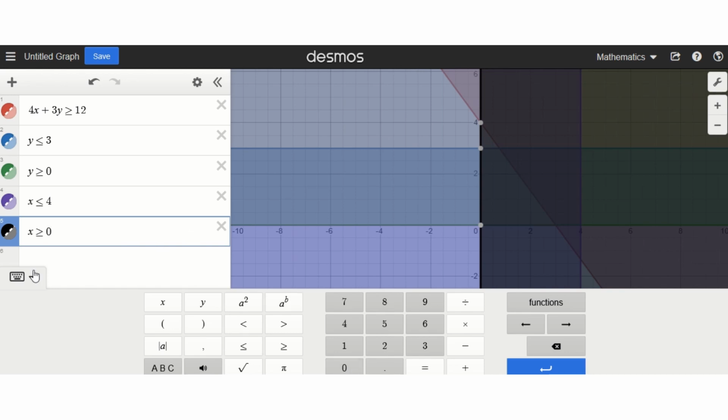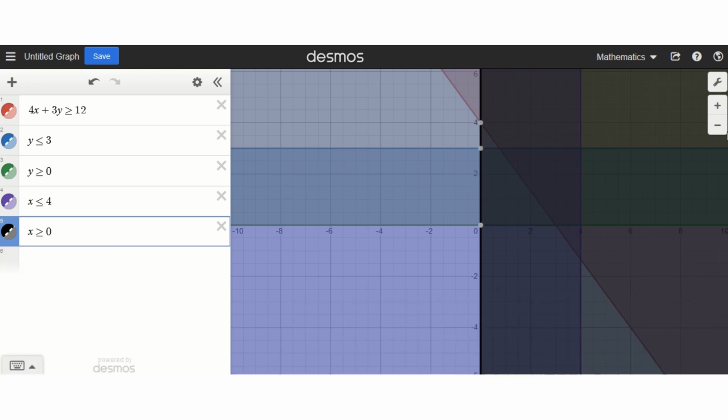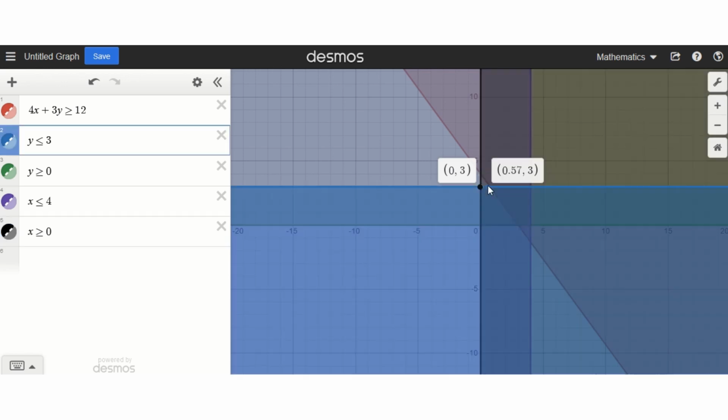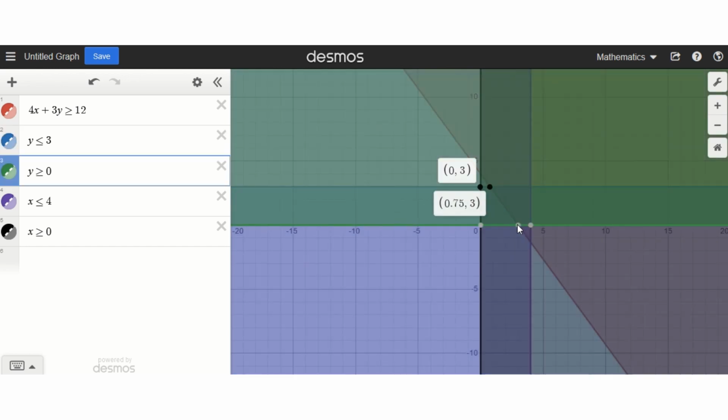So now I will close this toolbox, hide it, and zoom out and show you the common points. So we got the same answer: 0, 3, and then the next point we got 0.75, 3. After that, the next point is 3, 0, and finally we get the last point 4, 3.